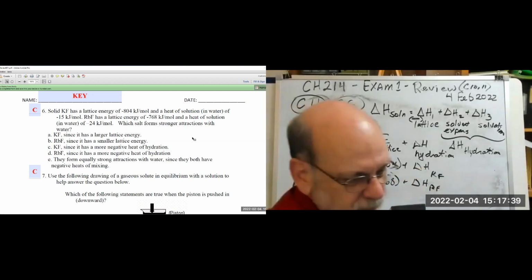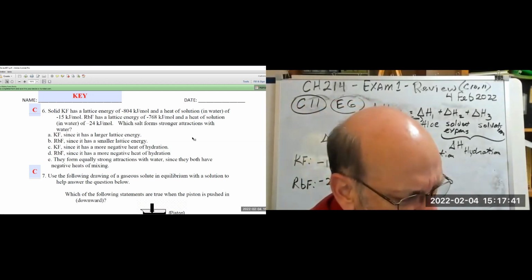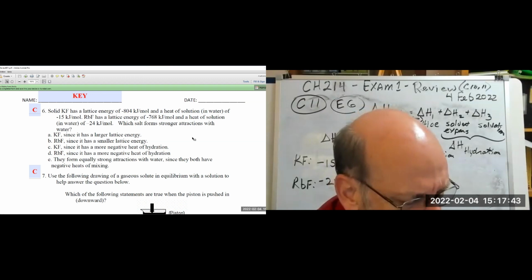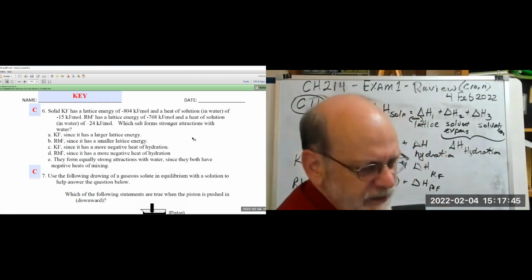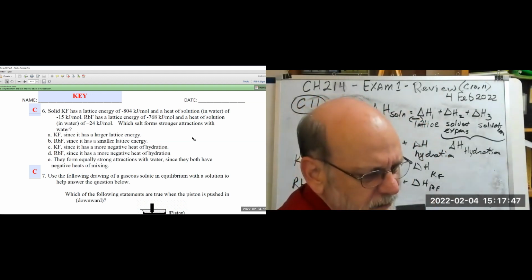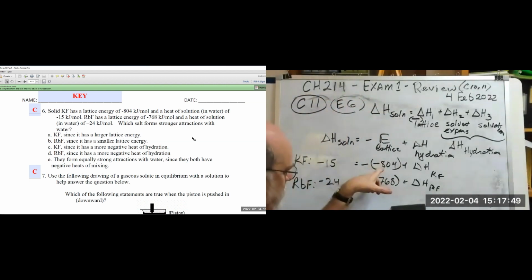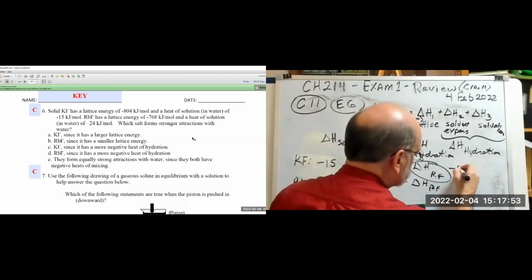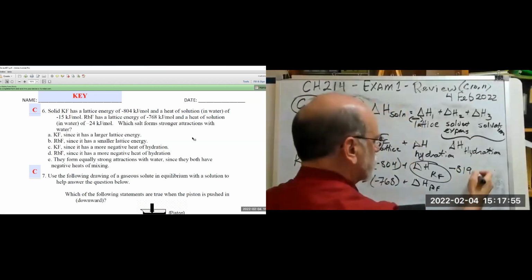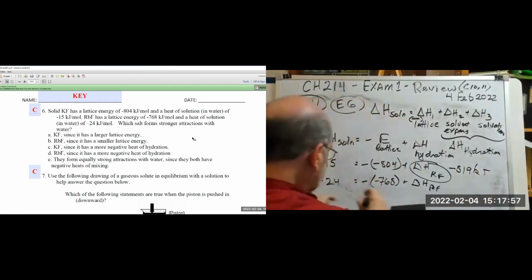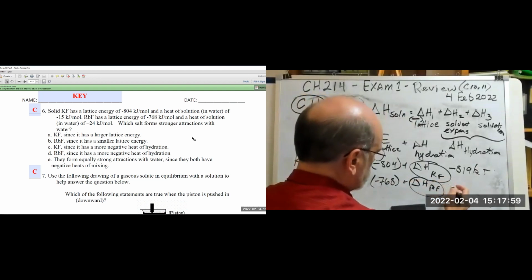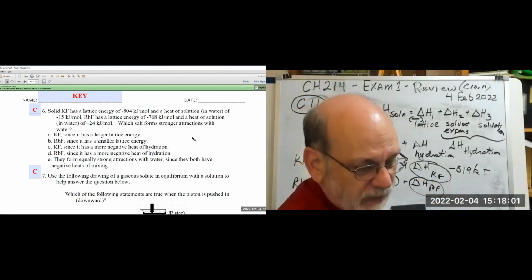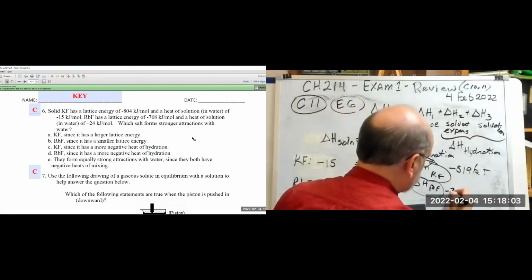If we solve, KF is minus 819 kilojoules, because this is positive. And rubidium fluoride is minus 792.